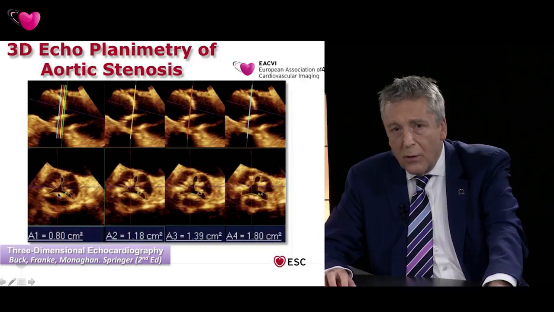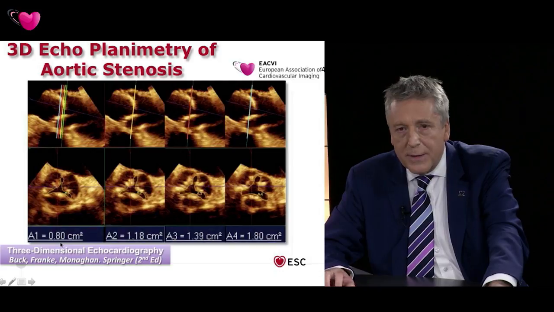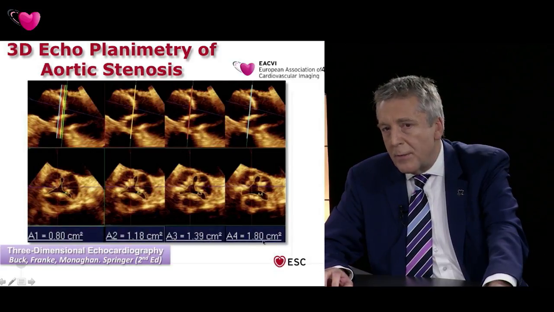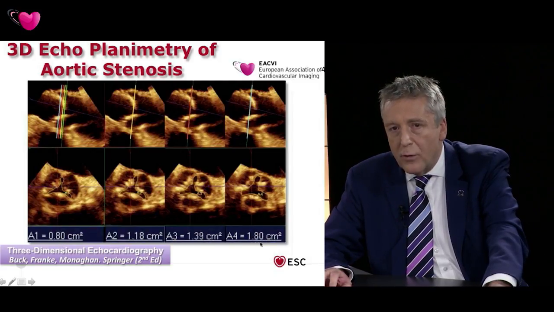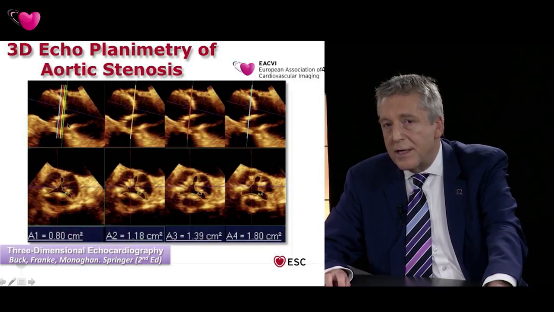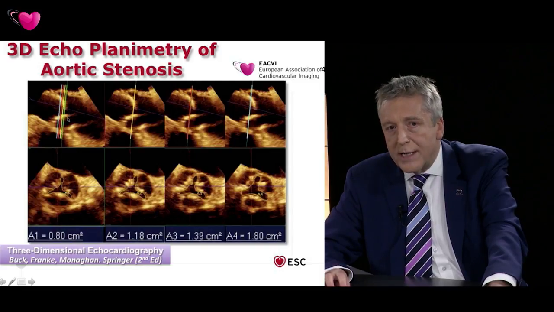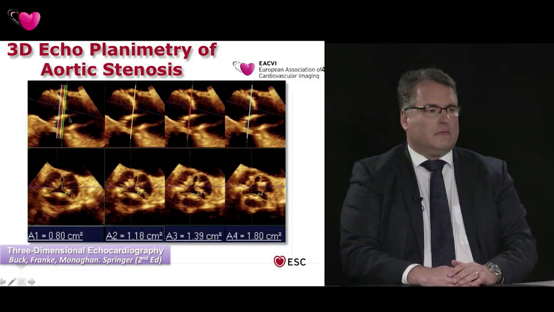You can see what a difference that makes, because as we move across the valve leaflets here, the valve area goes from a critical 0.8 square centimeters to 1.8, compatible with more moderate aortic stenosis, just by moving a few millimeters. Whereas if you do this with 3D echo and multiplane reconstruction, you can make sure you're right at the leaflet tips and get the true valve area.